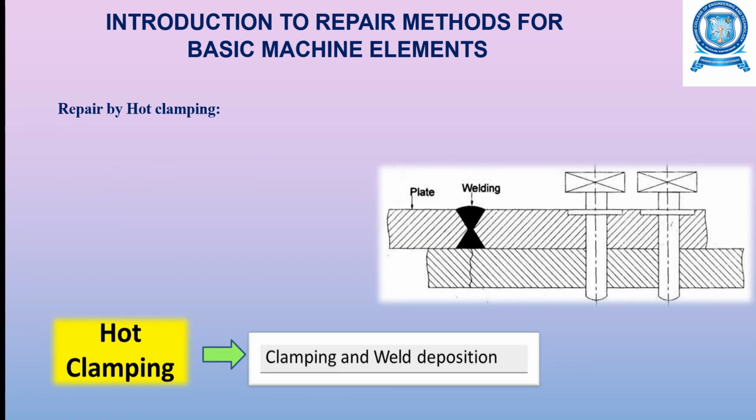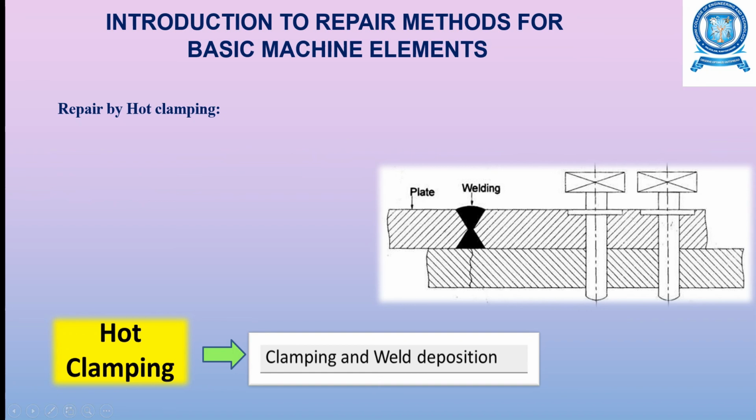So the next method is repair by hot clamping. Here you can see this bottom plate. You have a crack here, and a top plate is placed over that. This is a method of hot clamping, which involves clamping by means of additional screws and welded deposition on the plate.